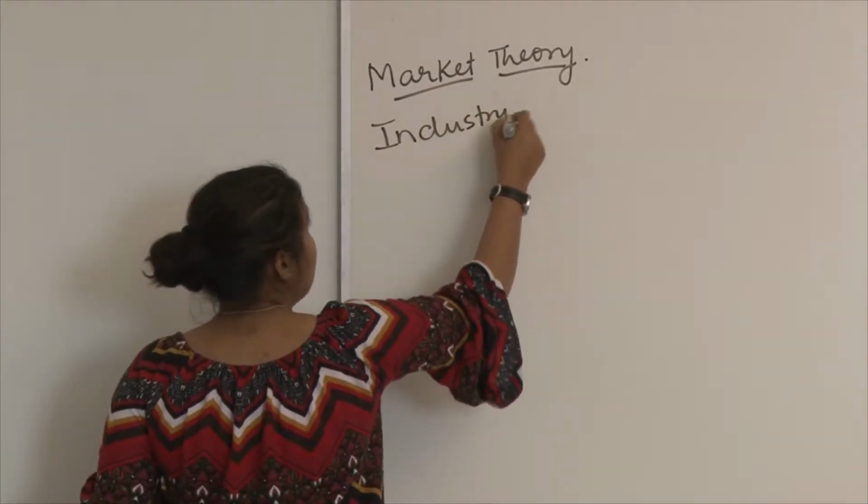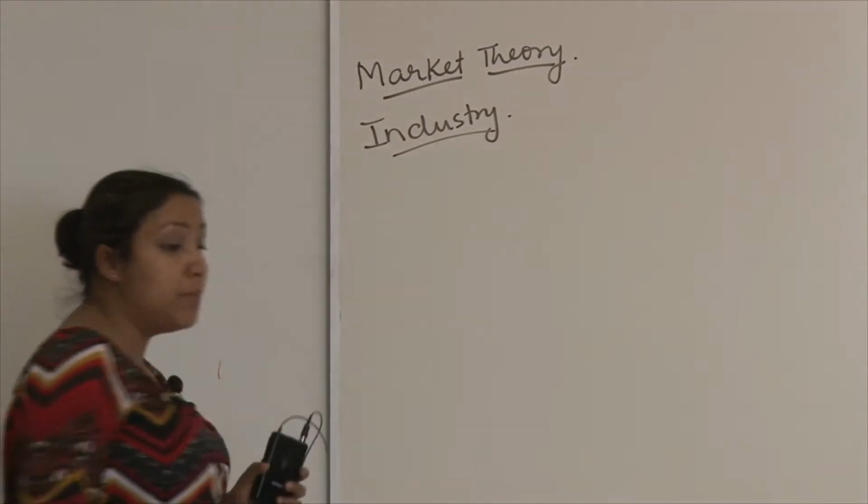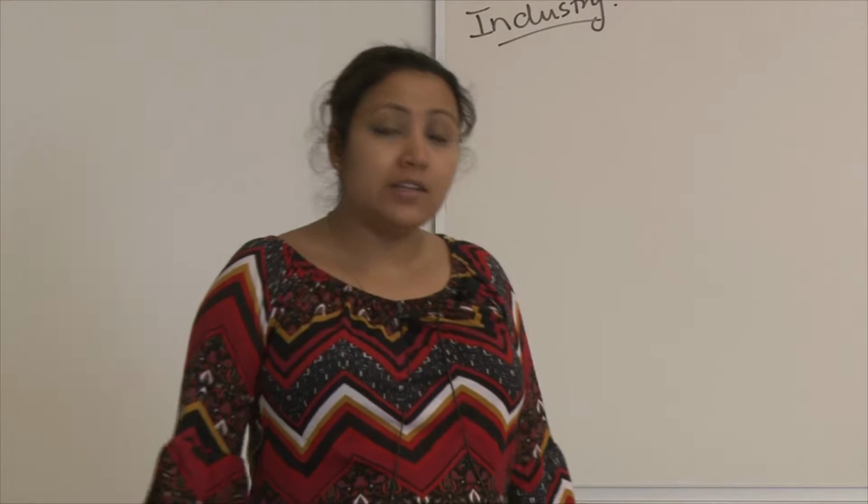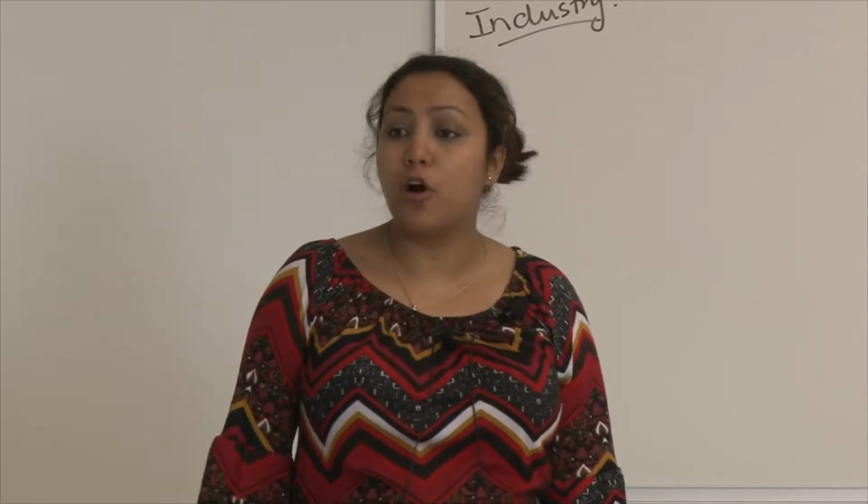For example, if you had multiple sellers of apples in this market, then this is a theory that applies to all those sellers in general. If you had a market for hospitals, this is a theory that applies to that entire hospital industry. If you have a market for pharmaceuticals, this is a theory that applies to all the pharmaceutical companies. So, in other words, this is like an industry study.